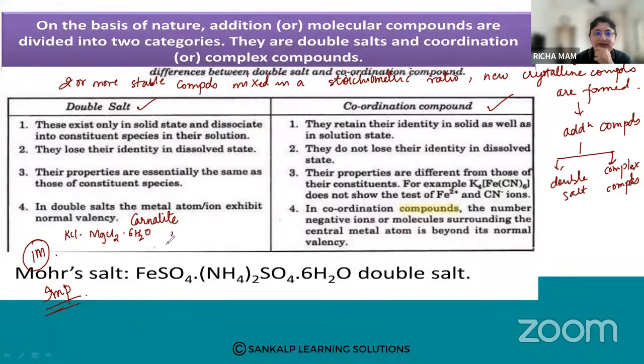We have seen carnallite, then Mohr's salt. Next is potash alum, another example of a double salt. What does it consist of?